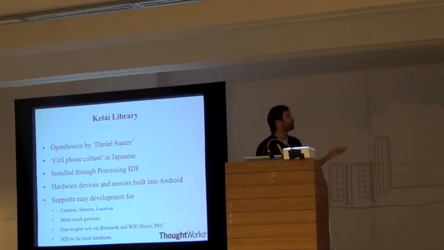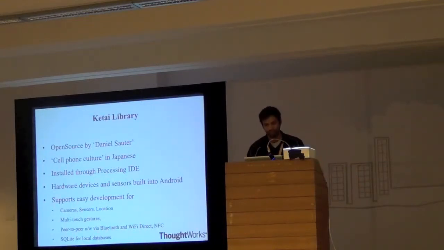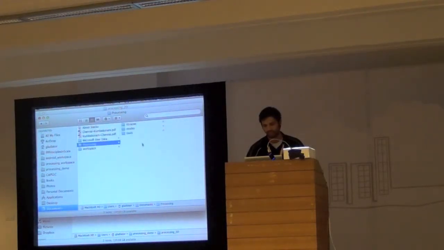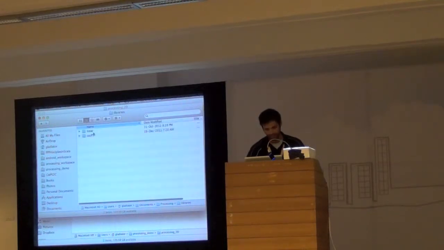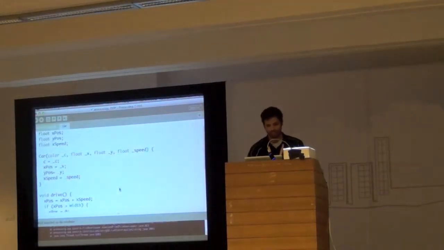This needs to be installed through the Ketai library, or you can also download the zip file, the archive, and copy it to the processing folder, which typically on Mac gets installed in your documents. You can download this, copy it into processing and start with.